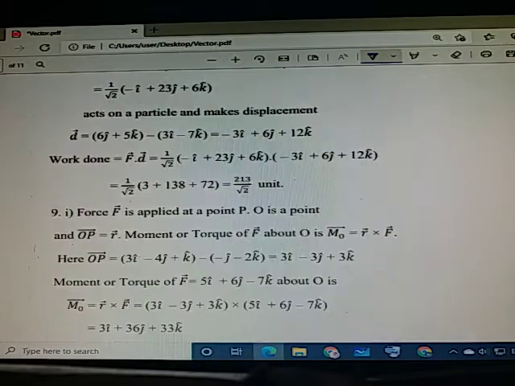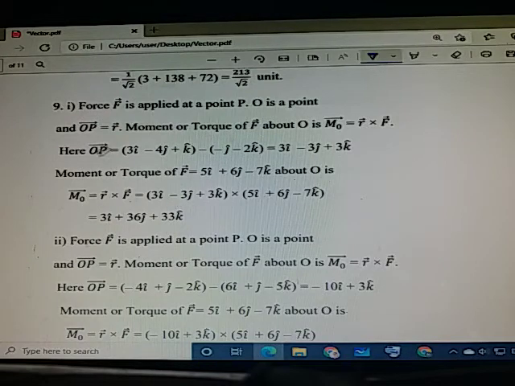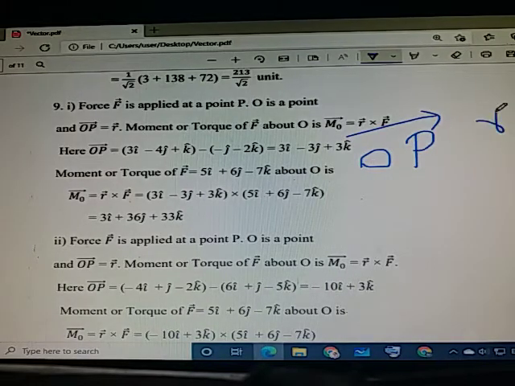Then numbers 9, 10, these are about moments. These are simple problems. O and P are given, force is given. So you just find OP, which is equal to r. Then you have to take this cross product.